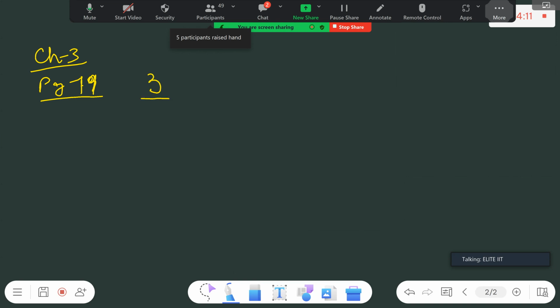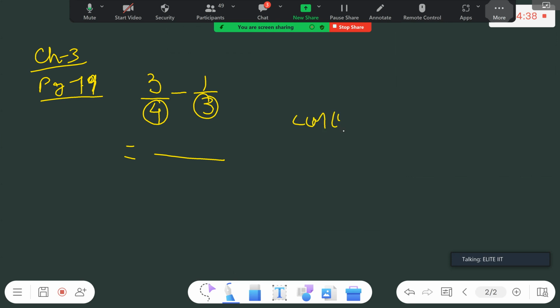So, suppose you have two fractions, 3/4 and 1/3. And if I ask you to find the value of 3/4 minus 1/3, I'm asking you to subtract 1/3 from 3/4, isn't it? So how do we do this? First take the LCM of the denominators, 4 and 3. What is the LCM of 4 and 3? 12. Then 12 divided by 4 gives you 3, so 3 into 3 is 9.